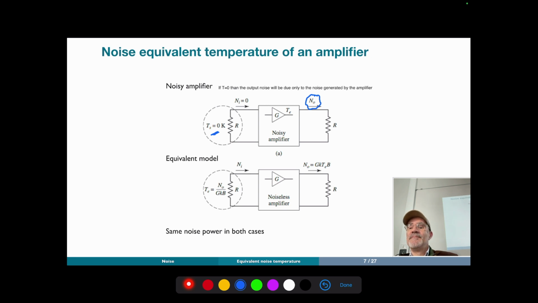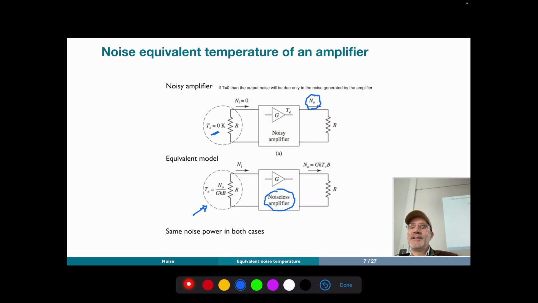Now, to define the equivalent noise temperature, we use an equivalent model: we assume a noiseless amplifier, whereas the noise is assumed to be generated by the same resistor at the input.